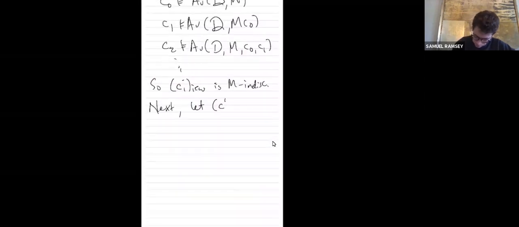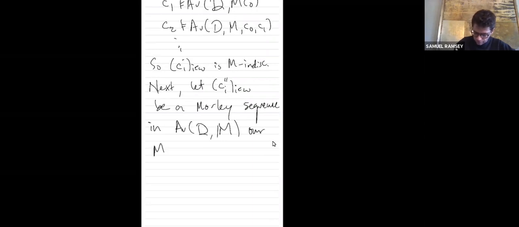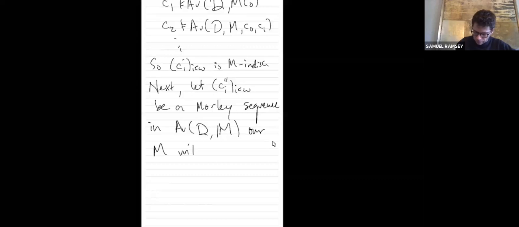Let C prime prime_i, i less than omega, be a Morley sequence in the average type of D over M with C prime prime 0 equals C prime prime.